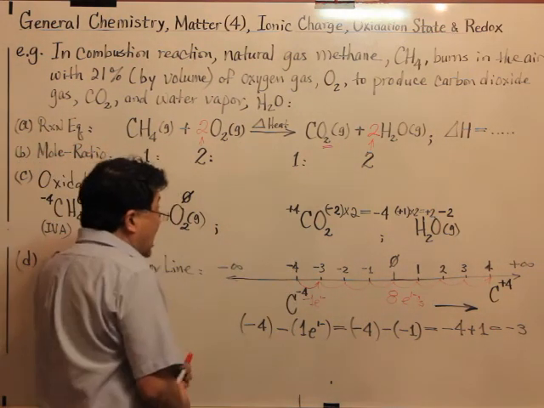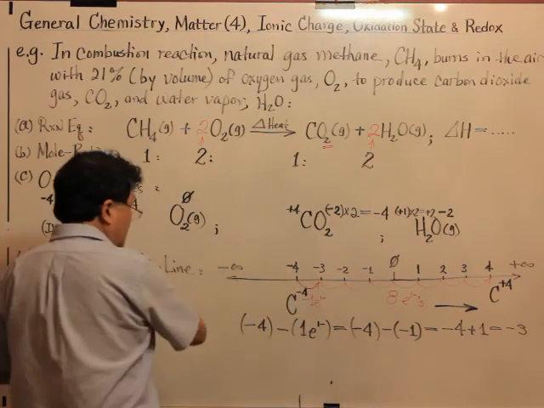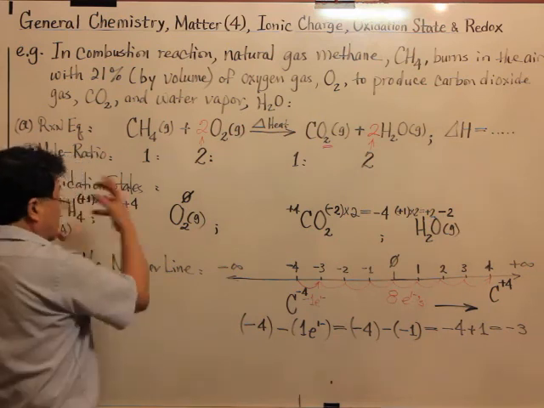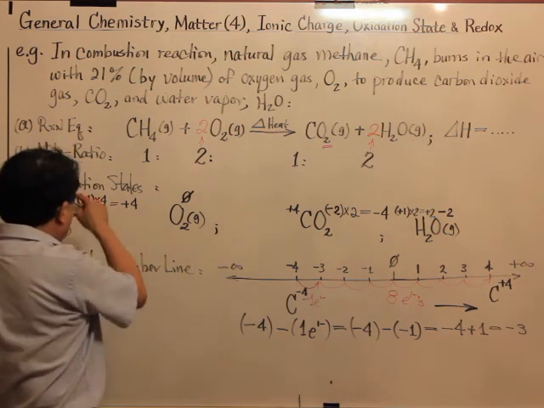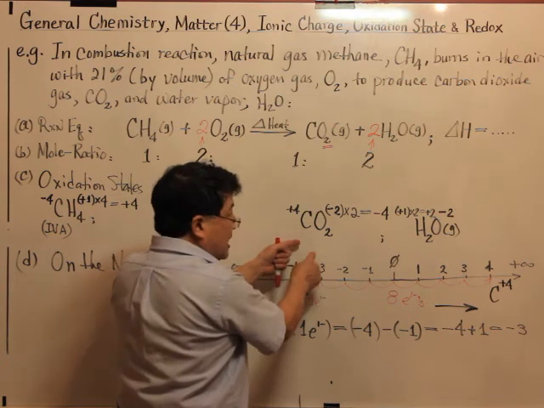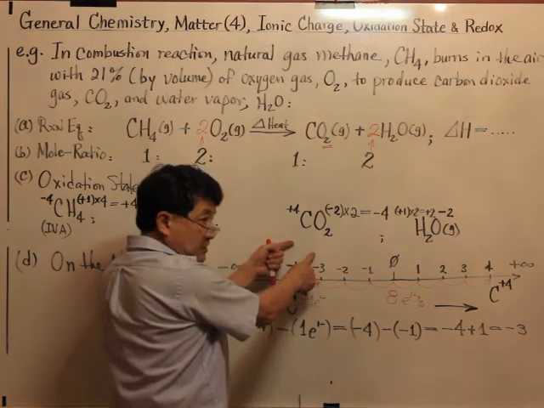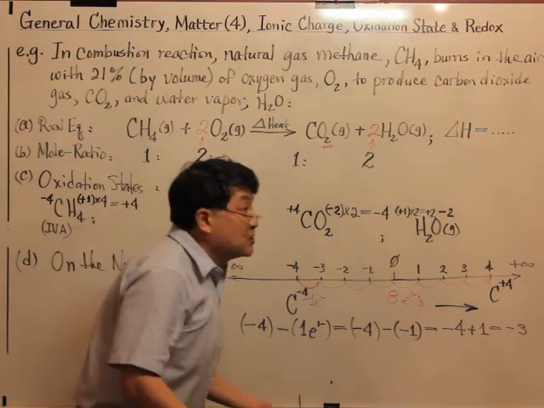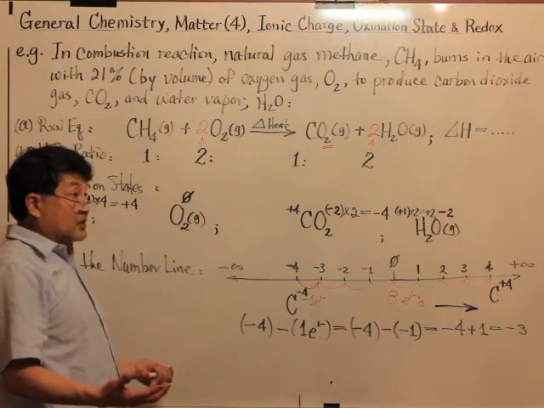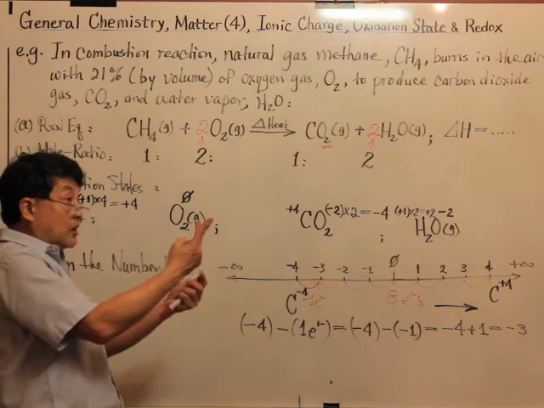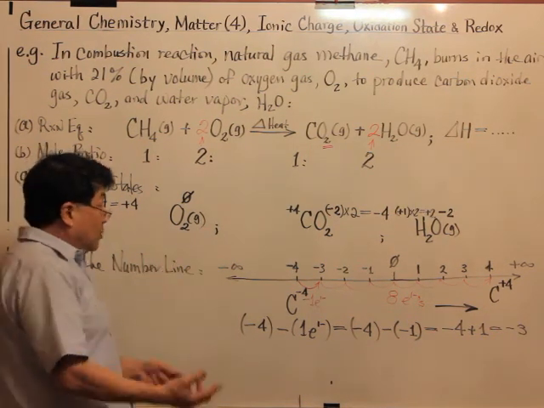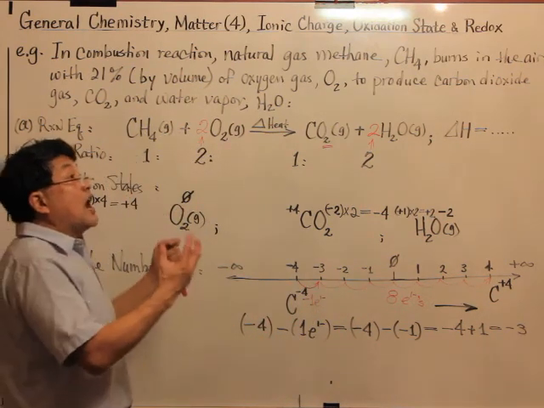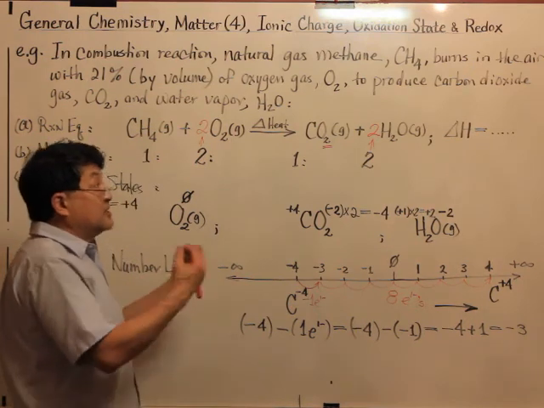Oxygen took two electrons out of the carbon for each atom, and 4 oxygen atoms take a total of 8 electrons out of the carbon in methane and make carbon dioxide become positive 4 oxidation state, right? Why does oxygen take the electron? Oxygen tries to be more stable like the noble gas neon, right? Each one needs 2 more electrons to become the neon configuration. So the oxygen plays the role of taking electrons away, which we call oxidizing, or oxidation.